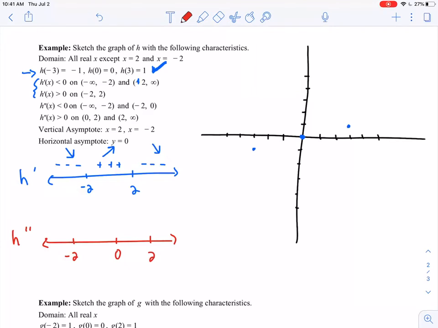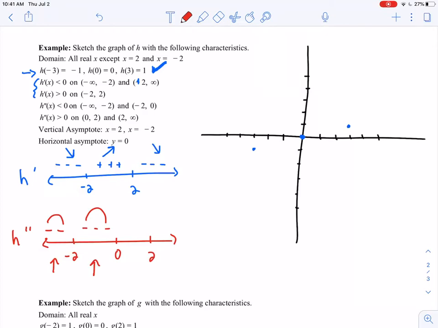I want my second derivative to be less than 0 on -infinity to -2, so that's this interval right here, and -2 to 0. So on the left two intervals, I know that h double prime is less than 0. In other words, the second derivative is negative. So it's negative over here, which means that my function is concave down. And my second derivative is negative here as well. Again, my function must be concave down.